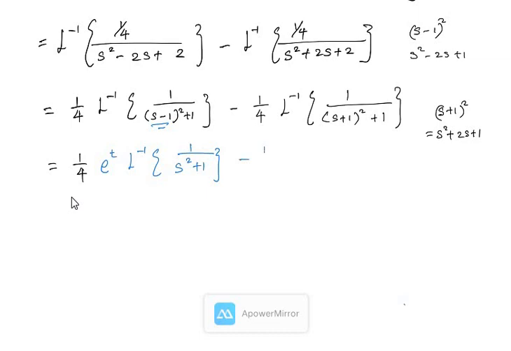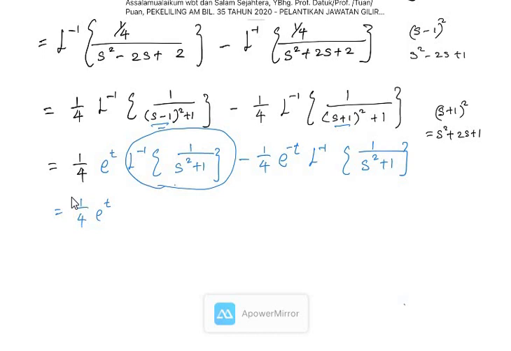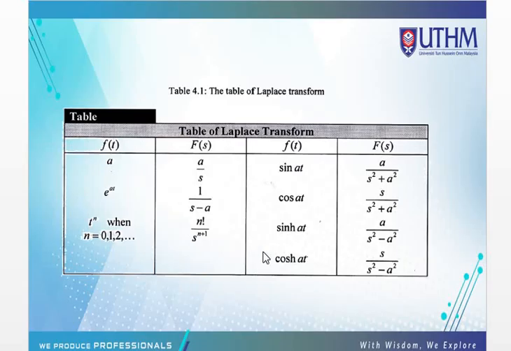Okay, and minus 1 over 4. And then this part we change to exponent negative t, and then we left 1 over s squared plus 1. So 1 over 4 exponent t. For this part, okay, we can refer to the table. Sine at equals a over s squared plus a squared.